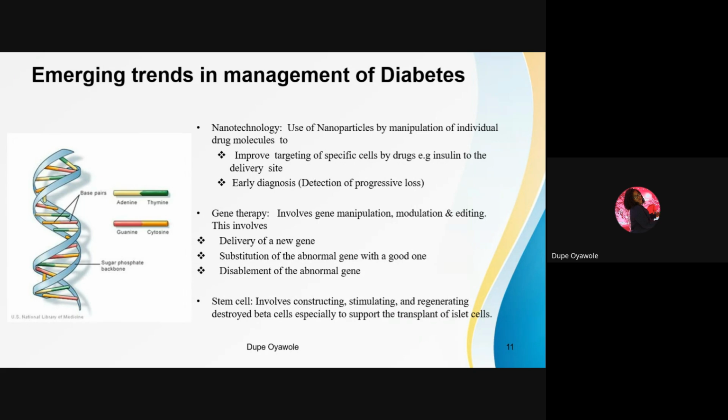Some of the genes have been implicated as causing the islets to be unable to produce insulin. So sometimes they take some of these good genes, so to say, that do not have that problem. After removing the other one, they use it to replace it, and this helps.